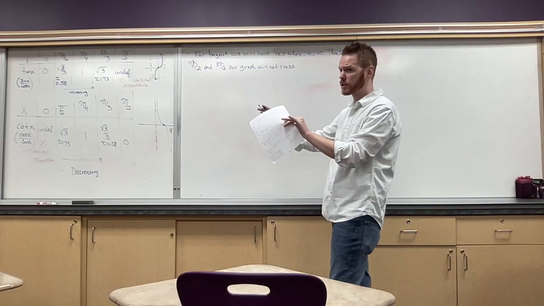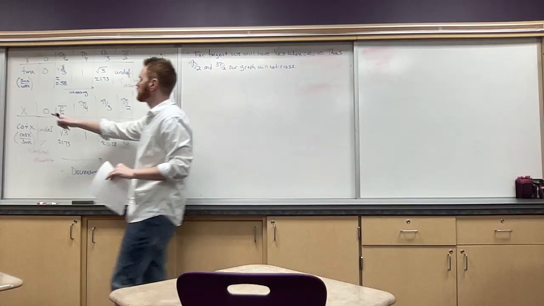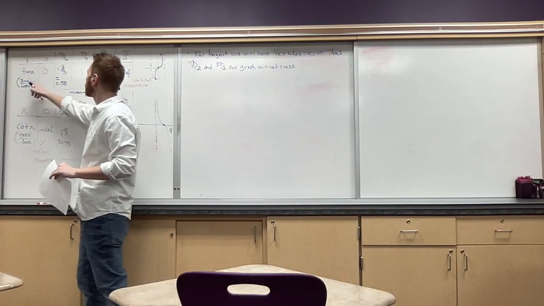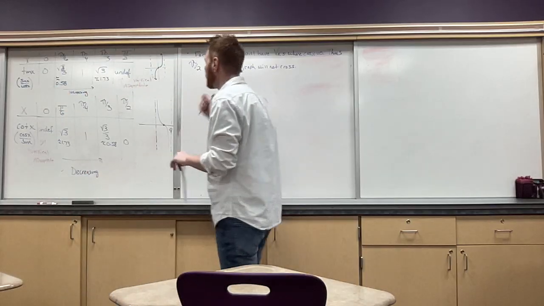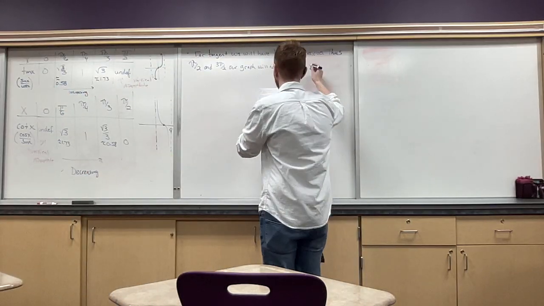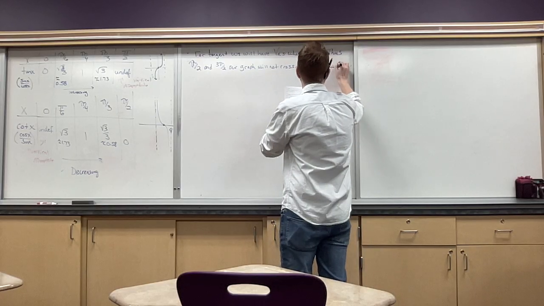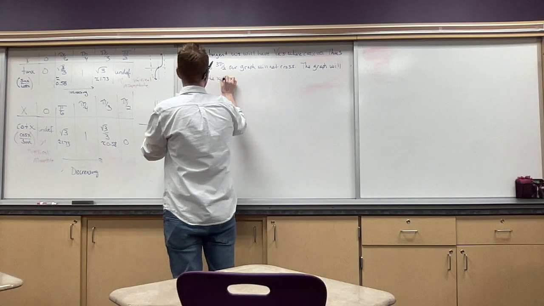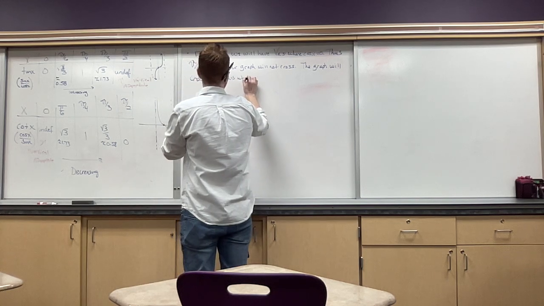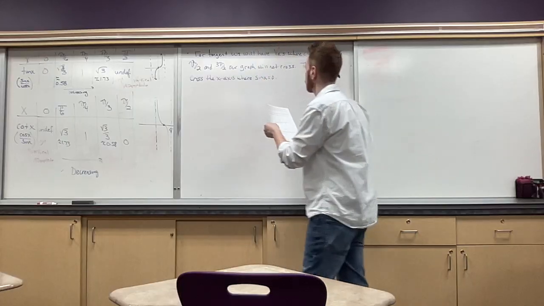But it will cross when sine is 0, okay? So sine's in the numerator here. So anywhere, if I plug any of these values for sine and get 0 for the whole thing, it's hitting the x-axis there. So let's write that down as well. The graph will cross the x-axis where sine of x is 0, okay?